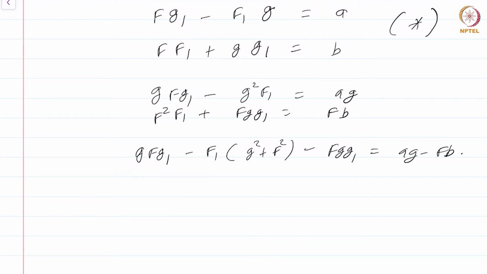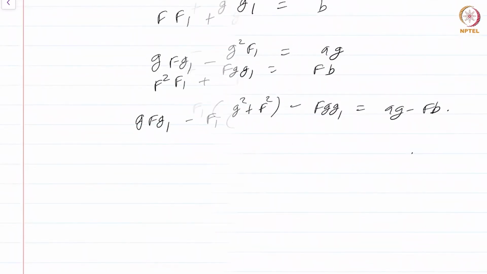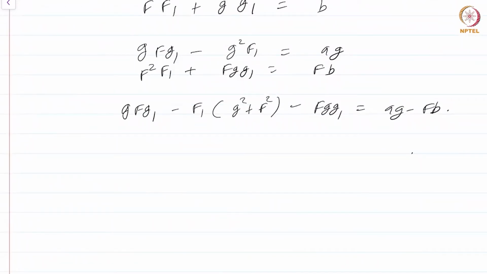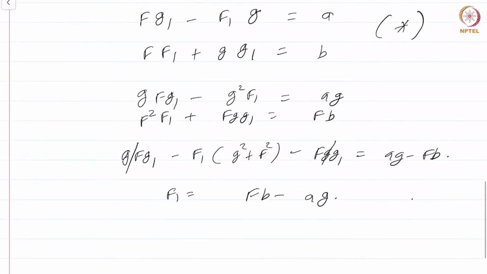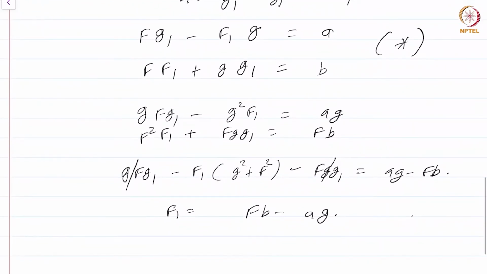Whew. Okay, now let's see what happens. We can now use the fact that g squared plus f squared is equal to 1, and the first and the third terms cancel. So we end up with f1 equal to fb minus ag. Now you look back at the original equations, f g1 minus f1 g equal to a and f f1 plus g g1 equal to b.